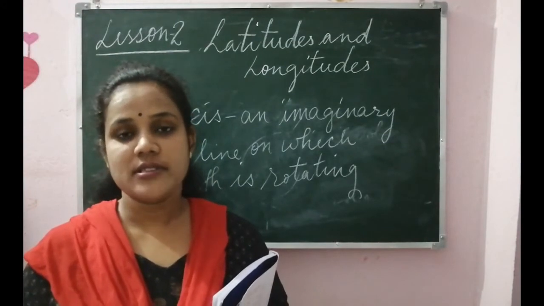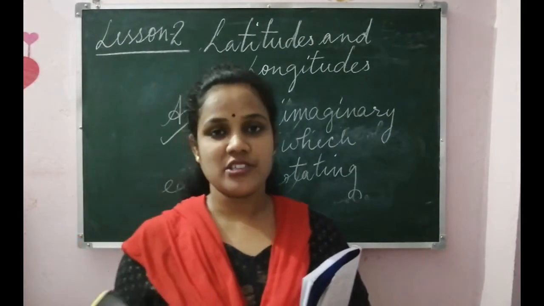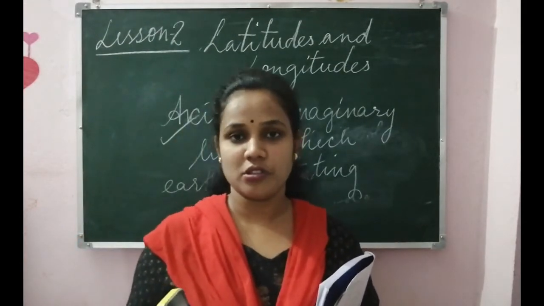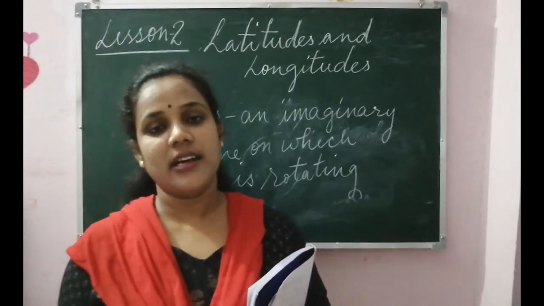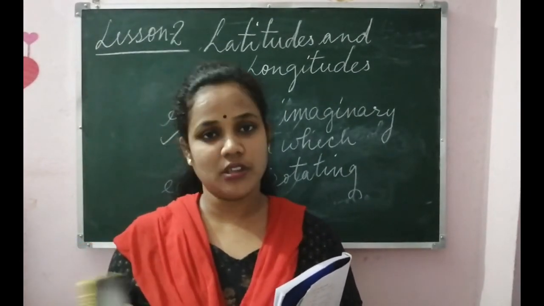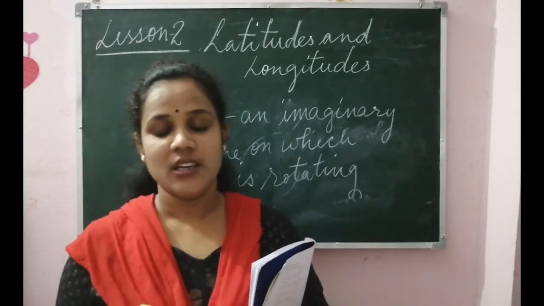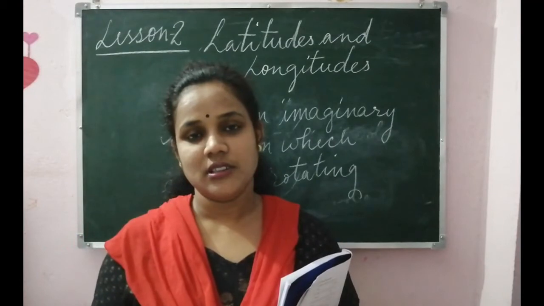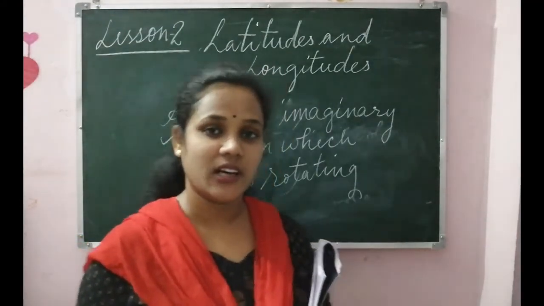So geographers drew some imaginary vertical lines running from north to south on the globe, and some horizontal lines running from east to west, imaginary lines. If we really go into space, we don't have those lines on the earth. So they have drawn these imaginary lines so that we can easily locate a place.